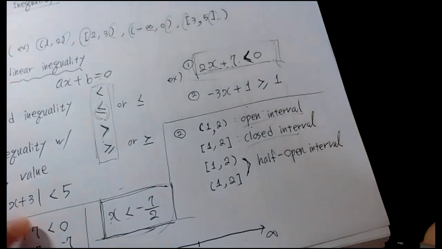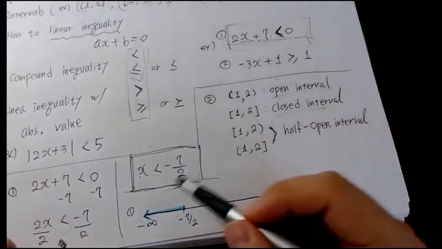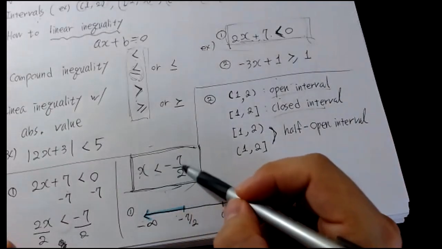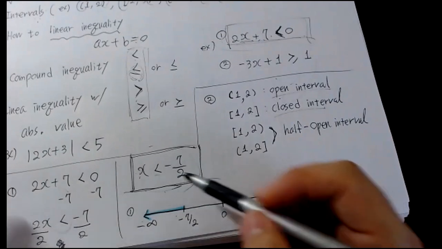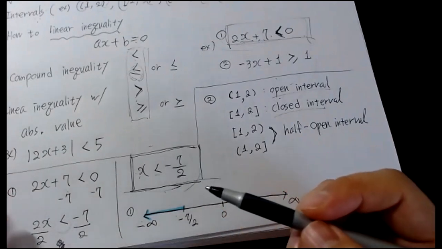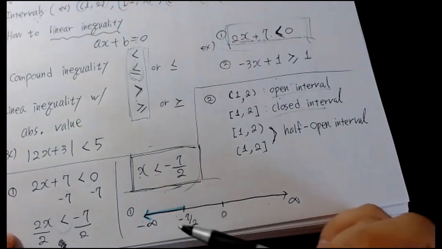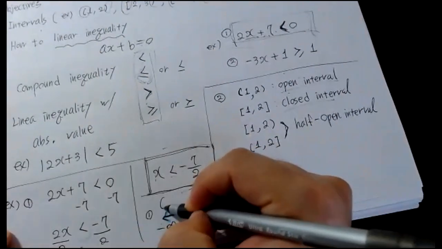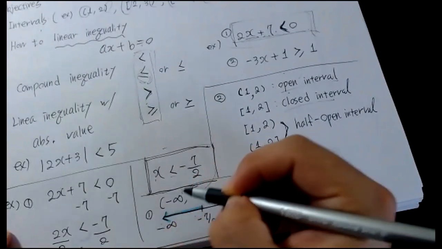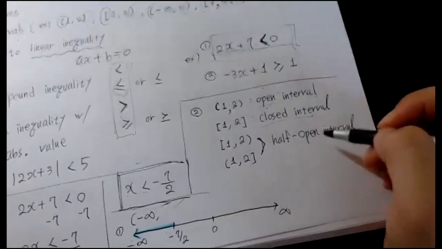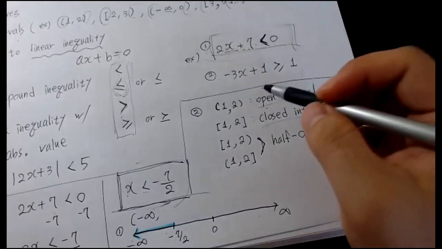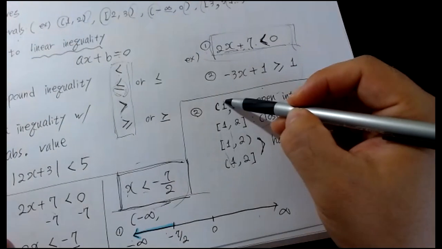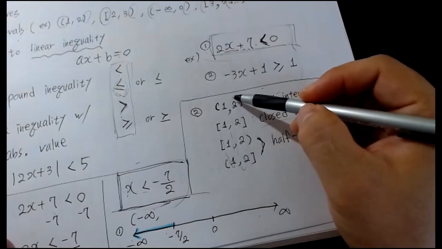Okay, so now back to these problems. You see that x is less than negative 7/2, so any number less than negative 7/2 must be in the answer. Then how can you write the solution set using interval notation? It's going to be negative infinity to... oh, by the way, back to the interval notation. Keep in mind this: the left endpoint must always be less than the right endpoint.